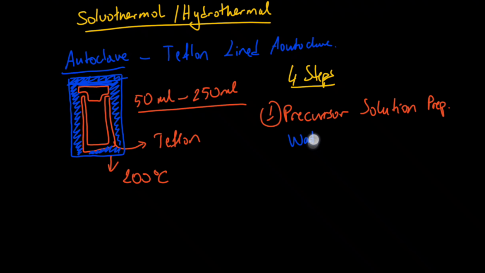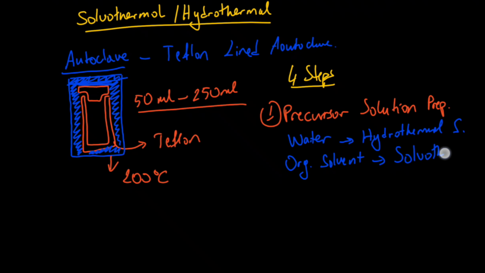So if we use water, for instance, it is called hydrothermal synthesis. If we use an organic solvent, then we call the process solvothermal synthesis. So this is the naming of this method.